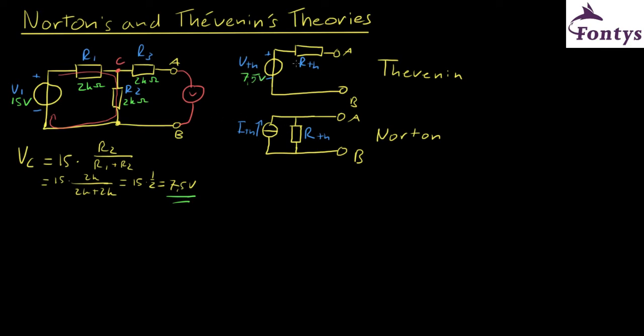To complete the Thevenin circuit, we have to calculate the R Thevenin. But to do so, we first have to calculate the Thevenin current. The Thevenin current is the current that flows in the schematic when the output point A and point B are connected directly with each other.